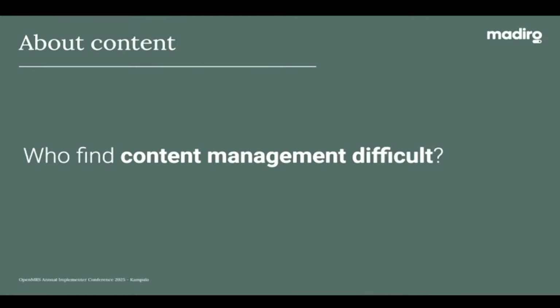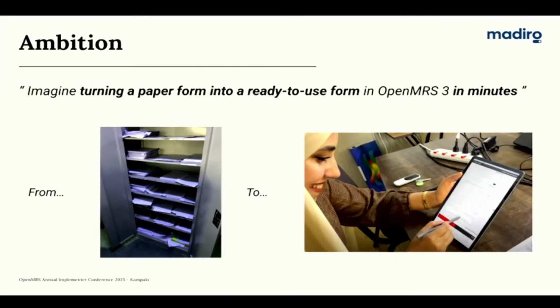Thank you. So based on that ask, based on what we know for this process to create those forms, we had one ambition. We wanted to make it simple, which is, imagine that you can turn those paper forms or PDF or Word files into an OpenMRS 3 form ready in minutes.